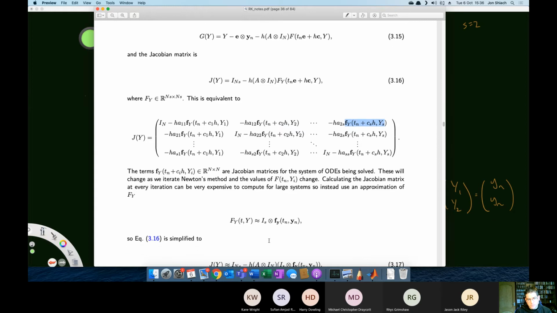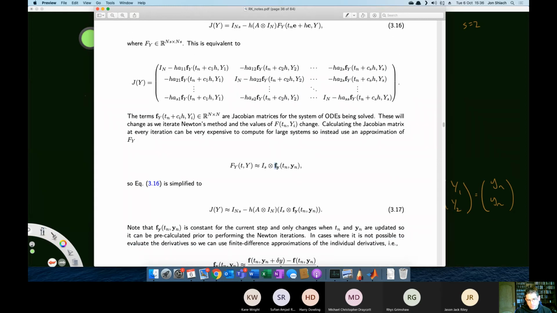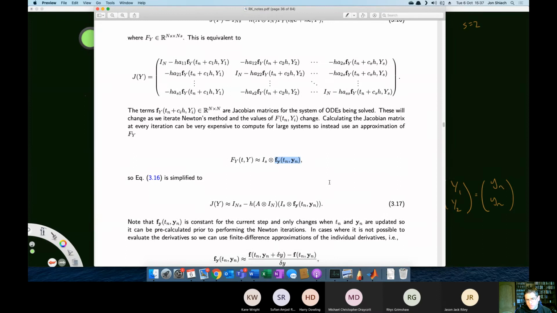So we use this approximation. This is the Jacobian of our initial system of ODEs, and that's the tensor product between that and the identity matrix. Now, this isn't strictly speaking correct, but it's good enough for our Newton's method. You've got to remember our Newton's method is itself an approximation method.